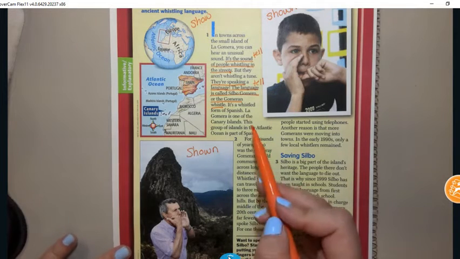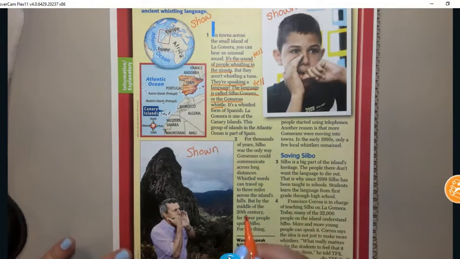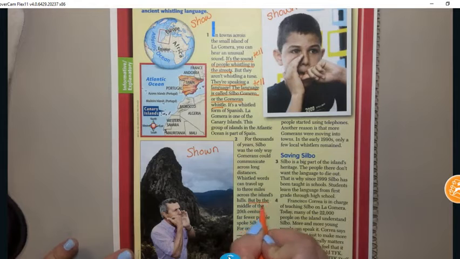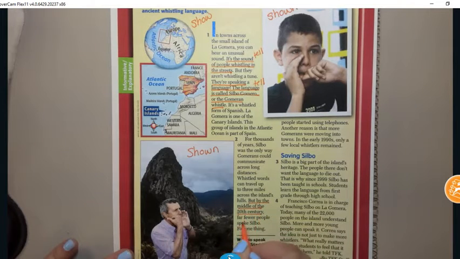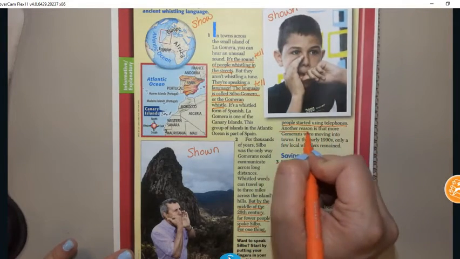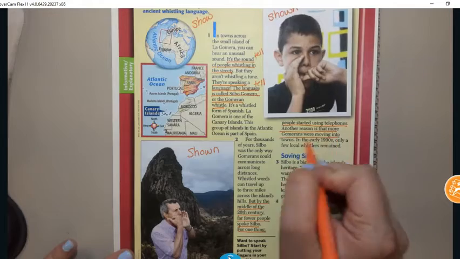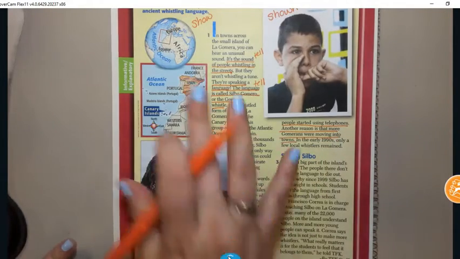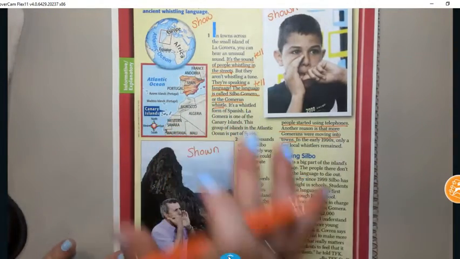As I continued reading on through the text, I found down here, but by the middle of the 20th century, far fewer people spoke silbo. For one thing, people started using telephones. Another reason is that more Gomerans were moving into towns. So this is all about the whistled language.